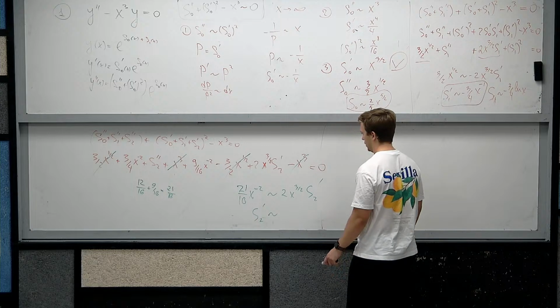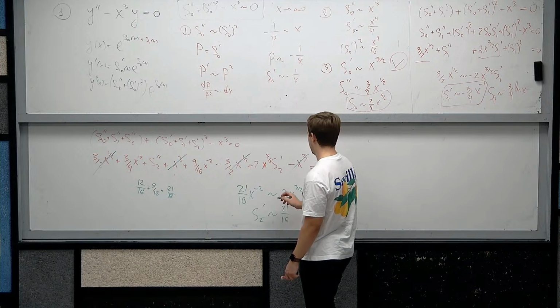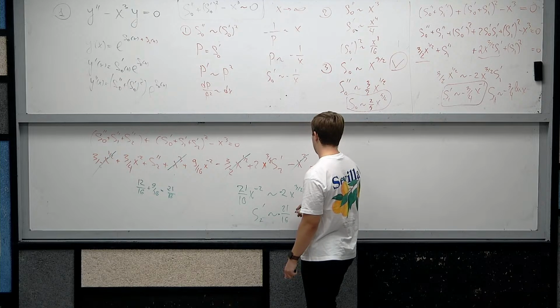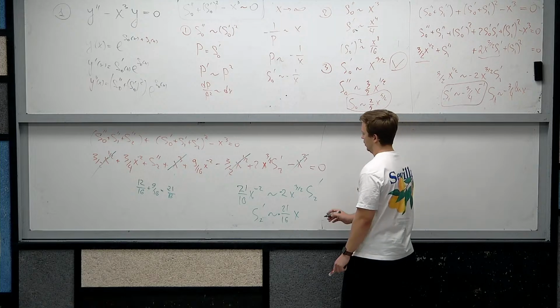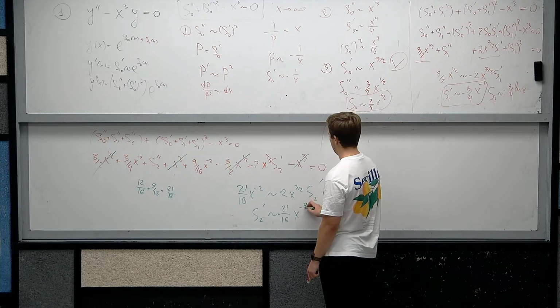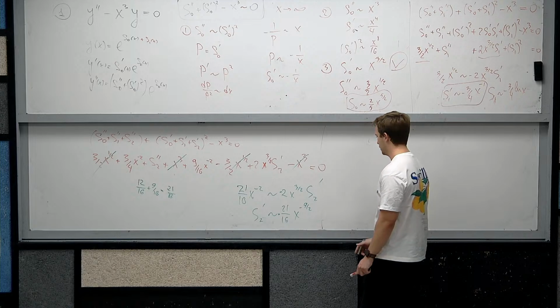Yeah. And S2 is asymptotic to, I think with minus. I lost the minus. X to the, wait, minus 9 over 2, I guess. Yeah, no, it's not. Something like this.